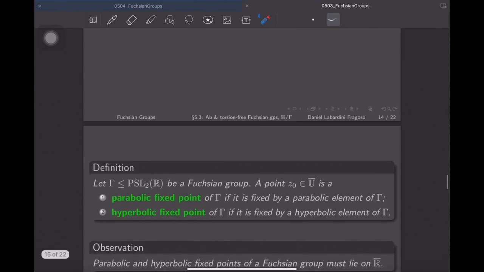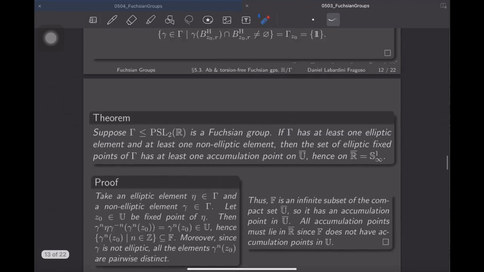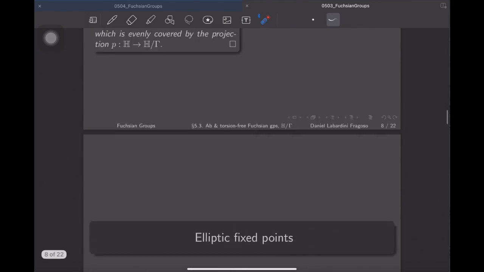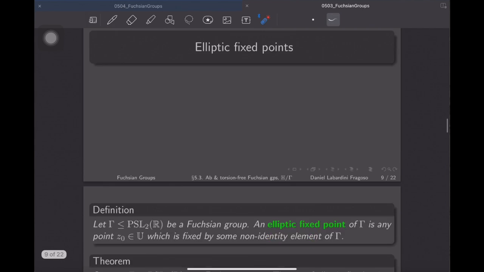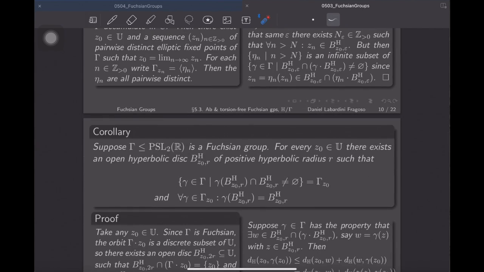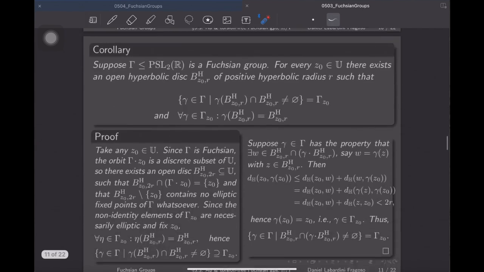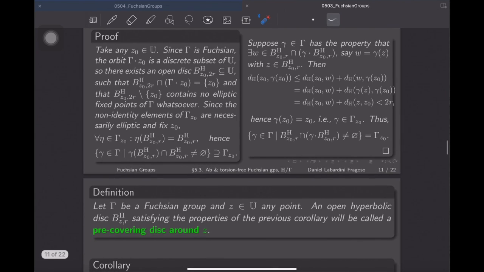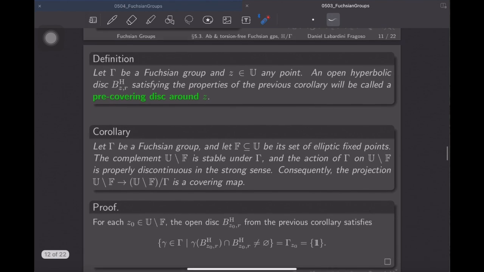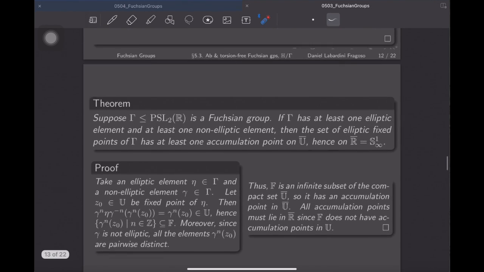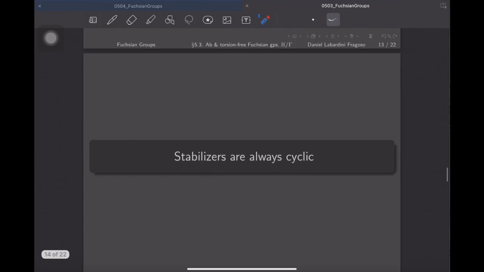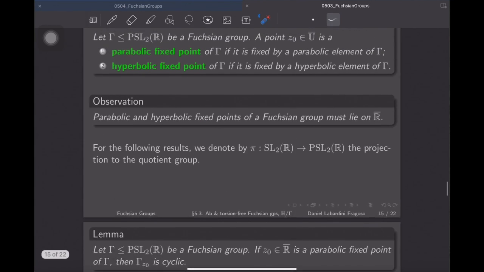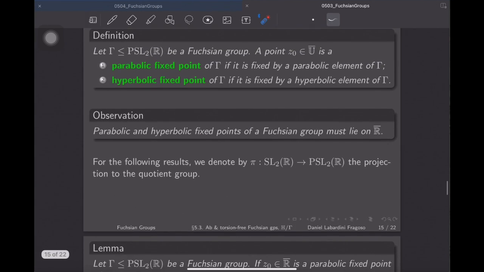And for elliptic it is already established from the fact that if I have an elliptic element of PSL2R, the subgroup it generates is a subgroup of a circle subgroup of PSL2R, and discrete subgroups of the circle are all cyclic and finite. So at this point the elliptic fixed points are already treated.